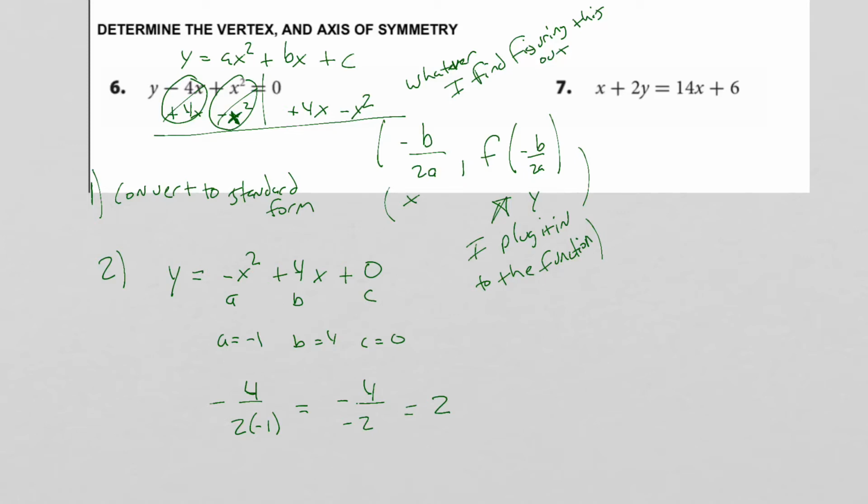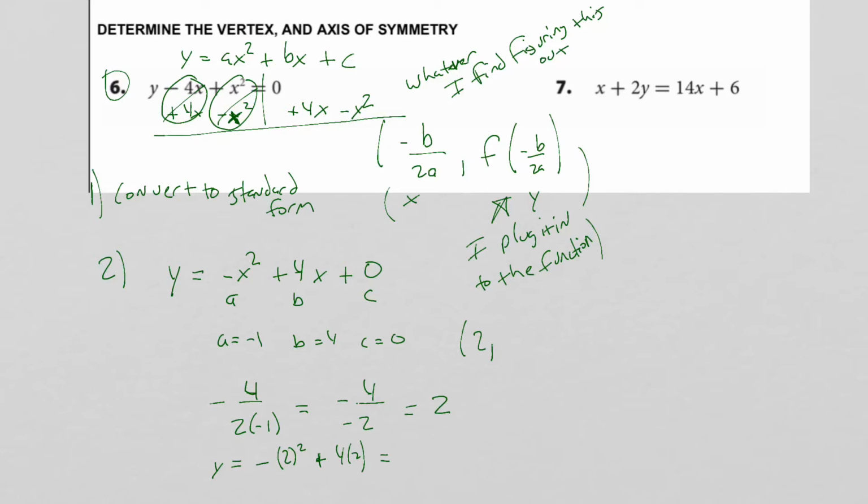So we've done two things. We figured out the axis of symmetry for this, we're still on problem 6 right here. And we've also figured out the x-coordinate of the vertex. So our vertex is at 2. Then, remember, whatever I find, I plug it into the function. So y is equal to negative 2 squared plus 4 times 2.